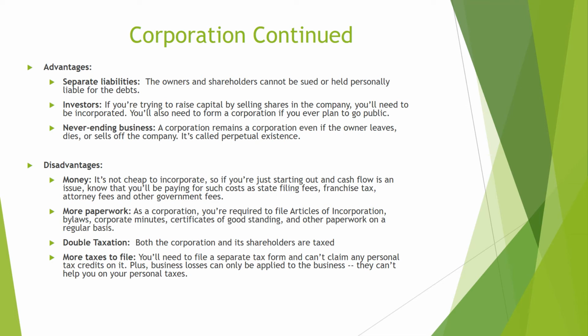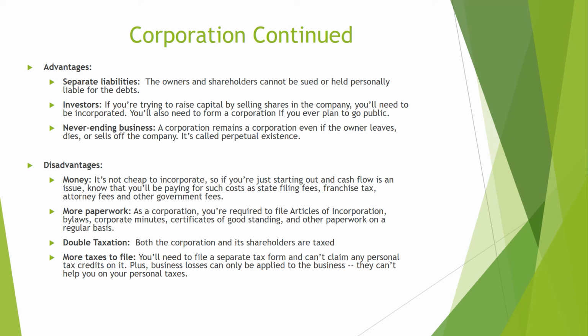We briefly mentioned double taxation before. Since a corporation is its own separate entity, any profits that the corporation makes are going to be taxed at the corporate level. And then any money that the individual owners or shareholders make is also going to be taxed. So that's why we call that double taxation. There's also going to be more taxes to file.